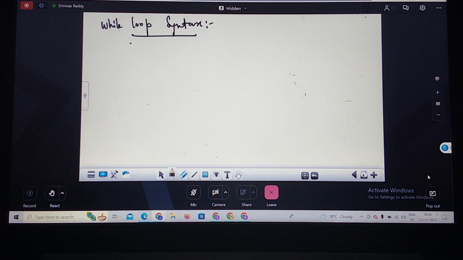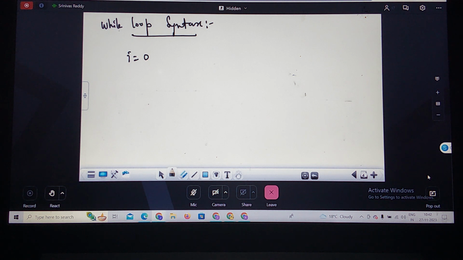Let me write it like this first. Suppose I want to print the numbers 0 to 100. How do I do that?